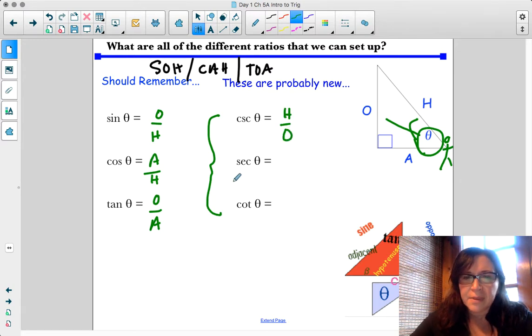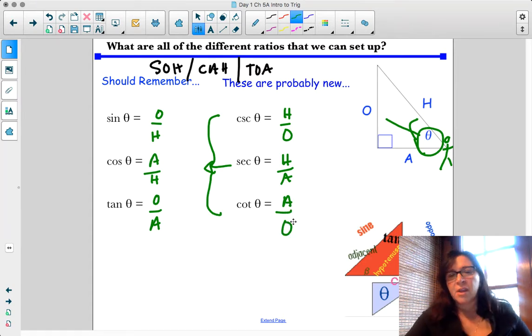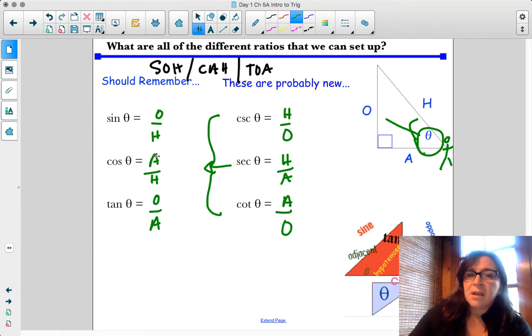Secant of theta is the reciprocal function for cosine, so that would be hypotenuse over adjacent. And cotangent would be the reciprocal of opposite over adjacent, so that's adjacent over opposite. Those are the reciprocal functions.